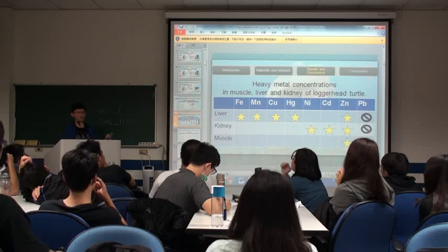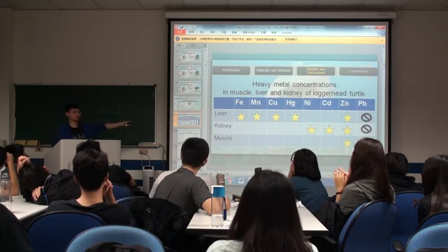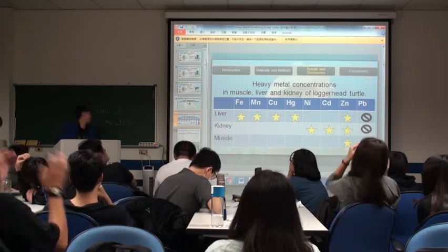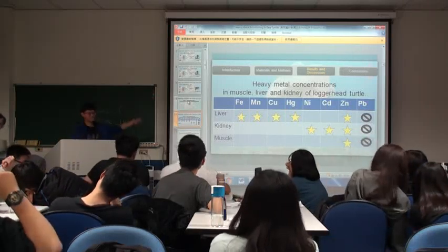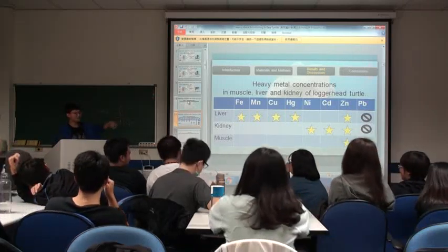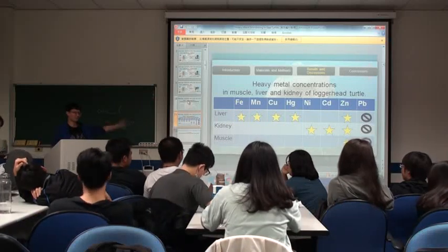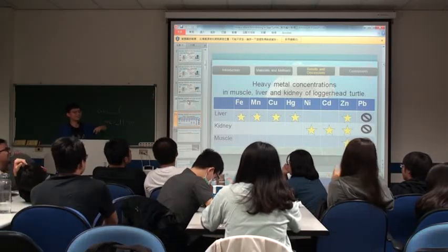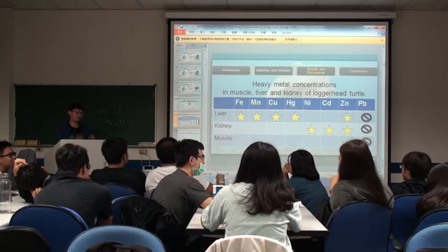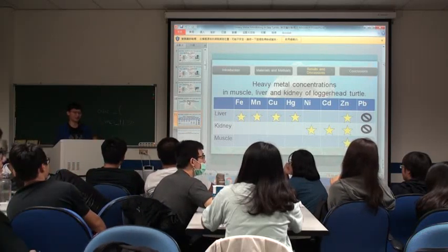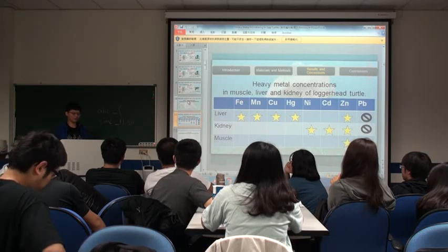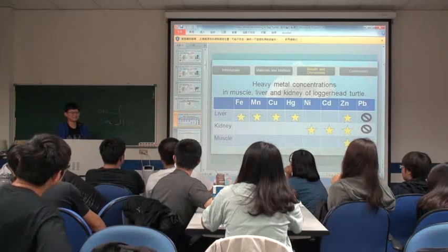It is for sea turtles, and sea turtles swim everywhere. So when I catch them, that means they live here and just lay eggs here.